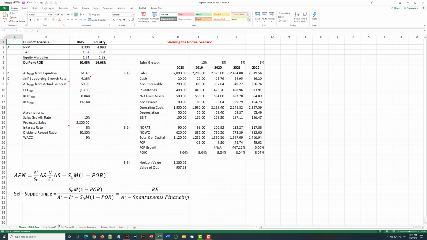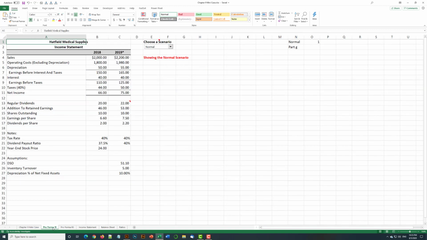Now, also, I have in here the pro forma income statement and the pro forma balance sheet. And one thing that I want you to note here is that in Part G, they ask you to do this alternative scenario. So I have a little drop down here. You can drop this down and choose Part G, and you can see what happens. So if I go back to normal, net income was 75, and with the assumptions in Part G, it jumps up to 84.24.